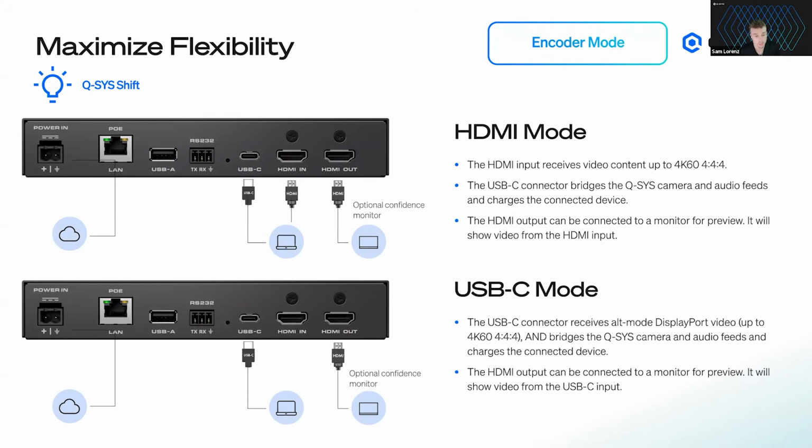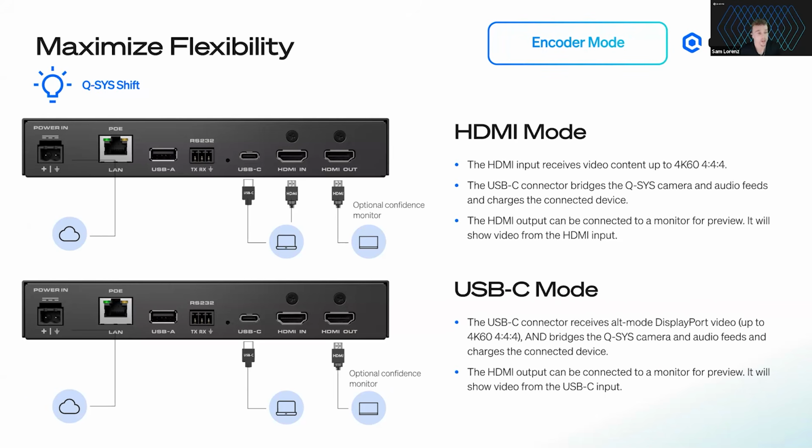And then same thing with the USB-C. If you're encoding that one video stream, it's still up to 4K 60 as well. It still gives you your bridging while also sending 4K content to the display, and you still have the HDMI out as a confidence monitor for you.